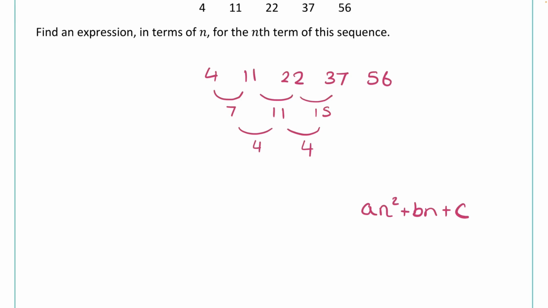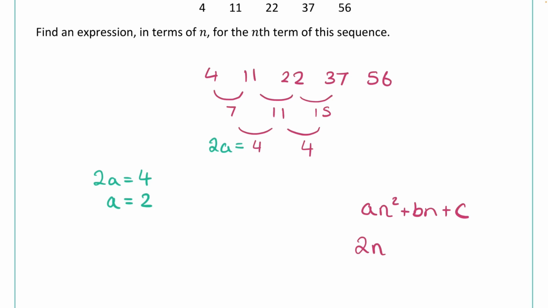And we've got some formulas that we can use to find the values of a, b and c. So the first formula is for the bottom line here, which is 2a is equal to 4. Now we can figure that out nice and quick. If 2a is equal to 4, then a is equal to 2. And that starts off our nth term formula.